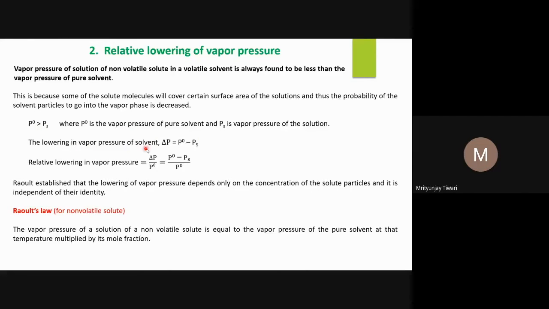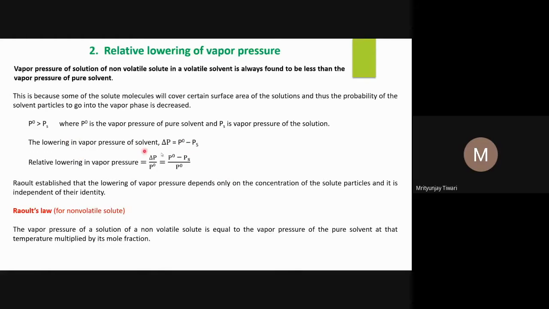Then we can calculate the lowering in vapor pressure, delta P. Delta P is the initial vapor pressure minus the vapor pressure now in the solution phase. Why lowering? Because initially it was higher, and whatever amount it has come down by is the lowering in vapor pressure. The initial value is the vapor pressure of the pure solvent.